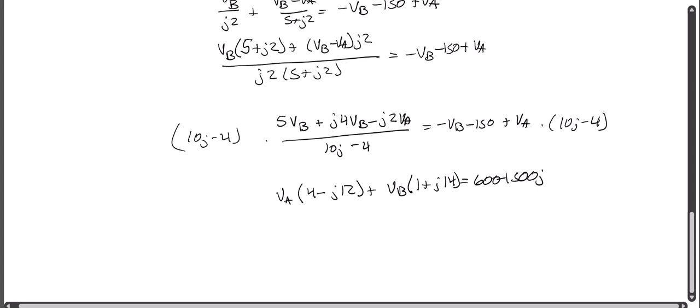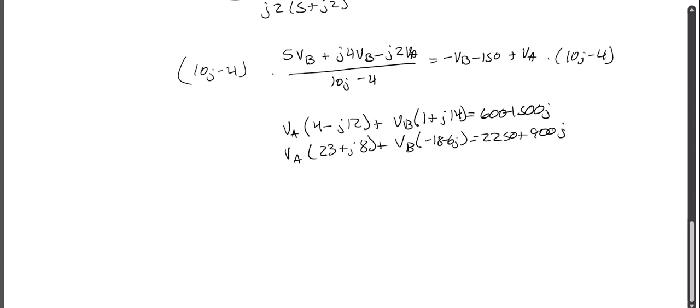And then we had our other equation, which was VA (23 plus j8) plus VB (minus 18 minus 6j) equals 2250 plus 900j.